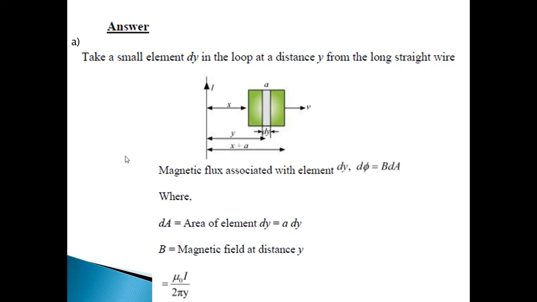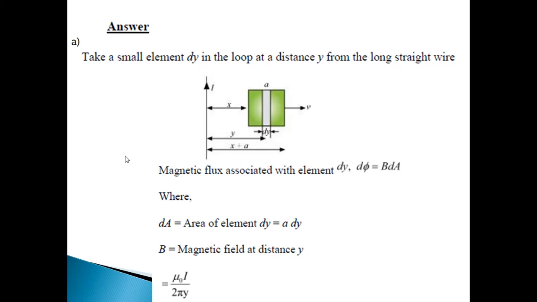Now, to work out mutual inductance, we have to take a small element dy of the square loop. Now, the small element dy has, let us say, a length A and a breadth dy. So, its area dA will be A into dy.